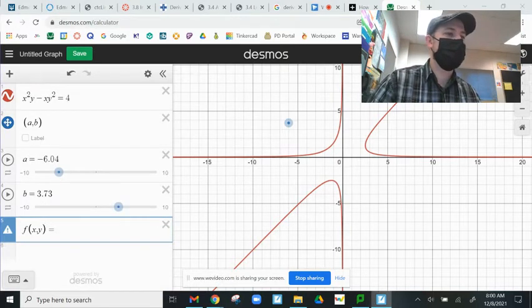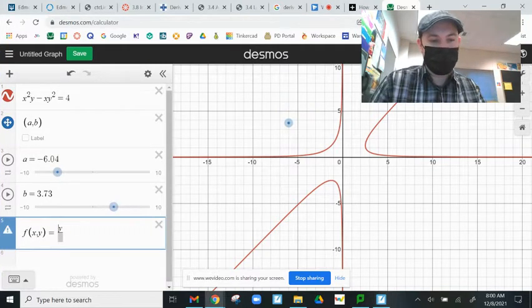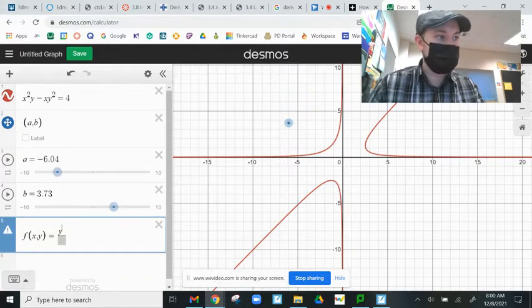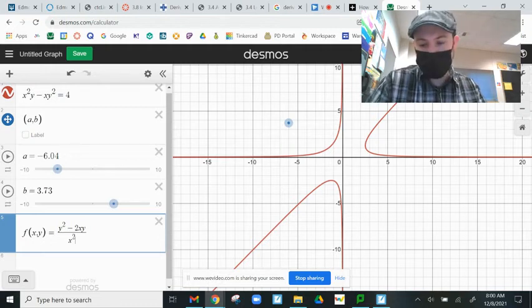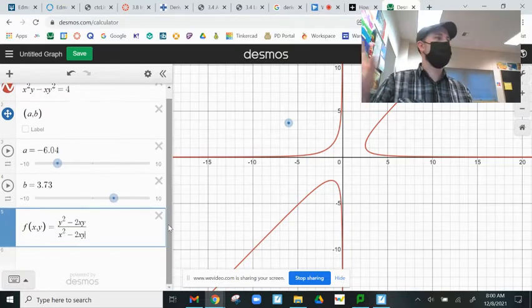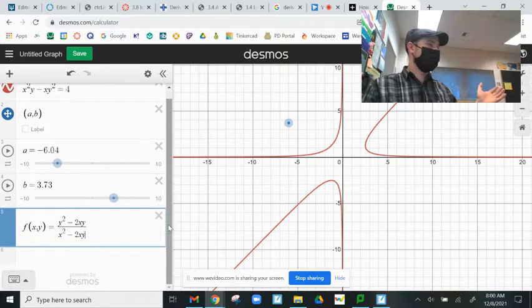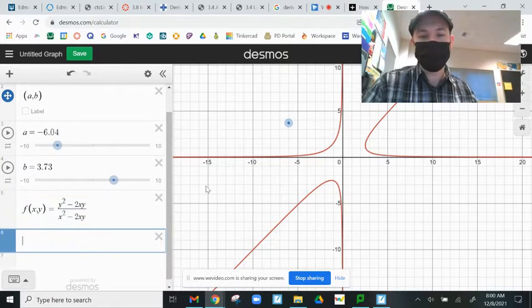So let me put that in here as a function defined in terms of x and y. And it's y squared minus 2xy over x squared minus 2xy. So that was our derivative. And the thing is, Desmos can't graph it. It's not able to do that. That would be really sophisticated.